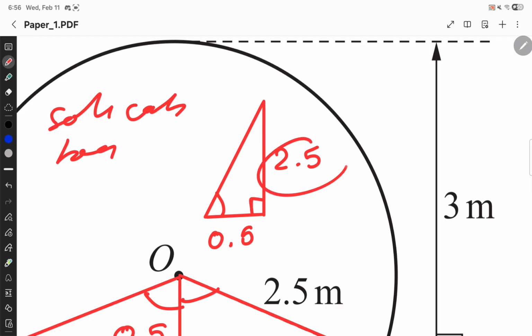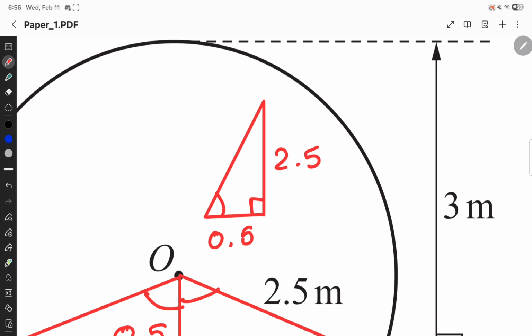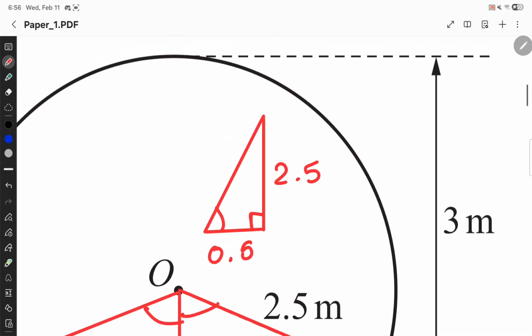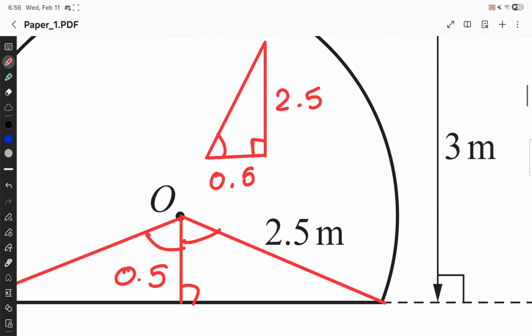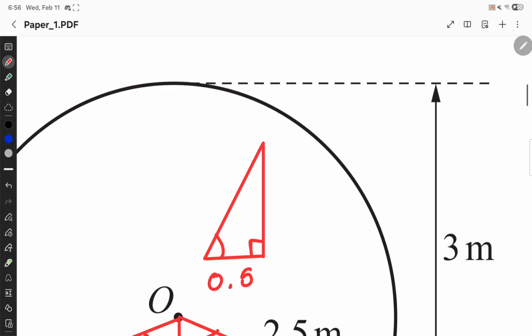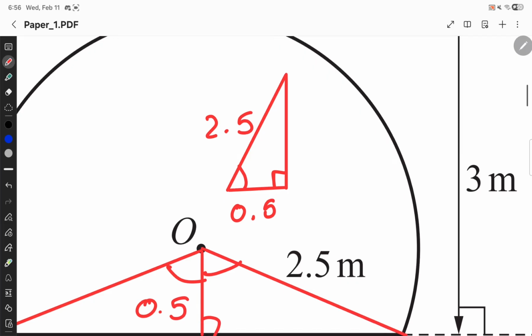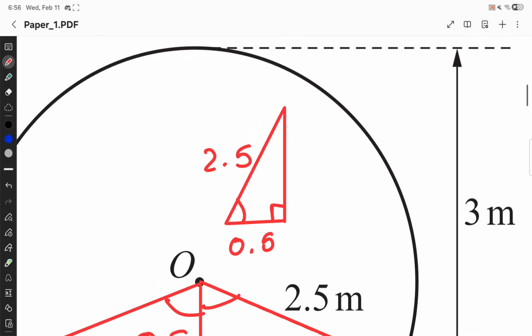Do we have opposite over adjacent? Yes, we do. So we need to use tangent here. Oh no, sorry, big sorry, this is the hypotenuse. Let's reverse everything I said, please. So SOH CAH TOA, yes, the explanation video with errors, I know, sorry. So let's go with this. We do not have the opposite, so you cannot use that.